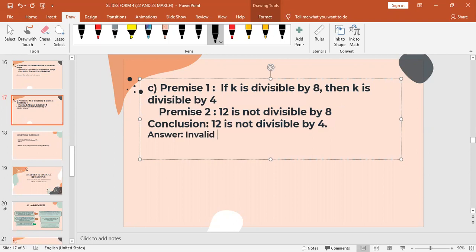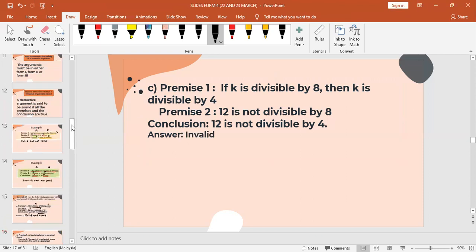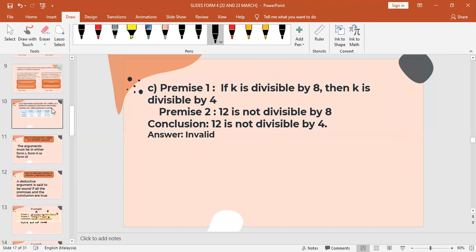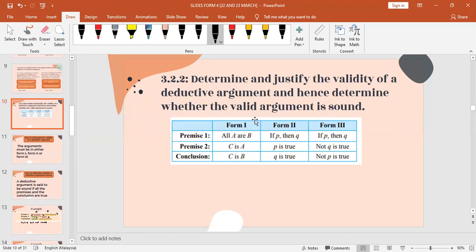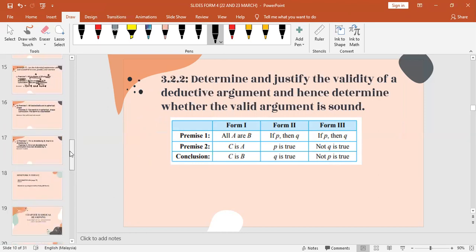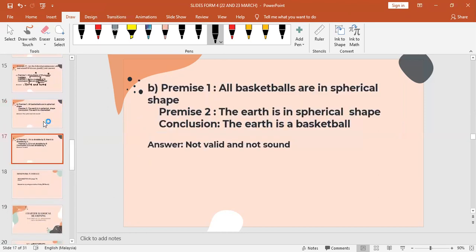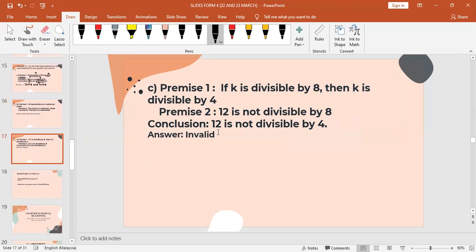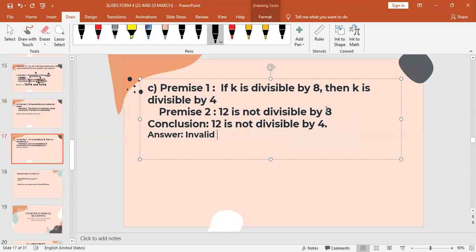Because for form 3, premise 2 must be not Q first, and then the conclusion will be not P. But this one, the premise 2 is not P, and then the conclusion is not Q.